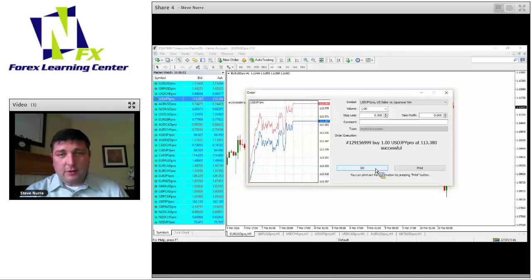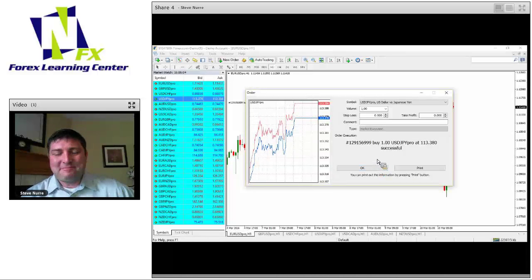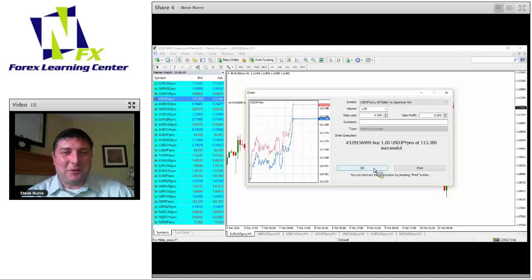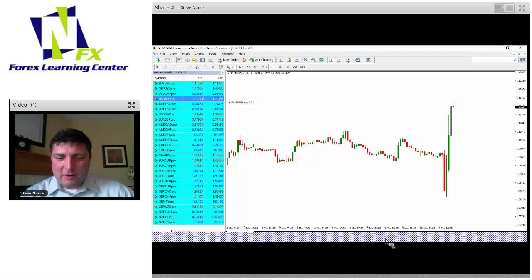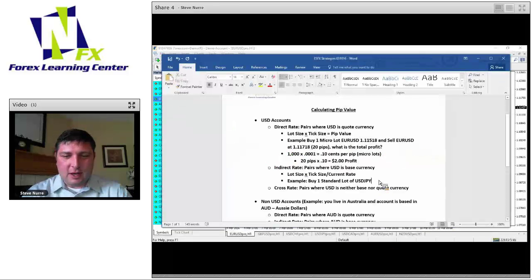Technically you're going to want to know exactly what your pip value is before you place a trade, but in this case, we're just doing this for the exercise of being able to calculate.